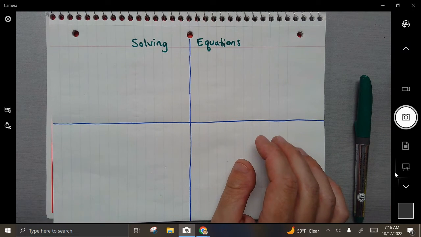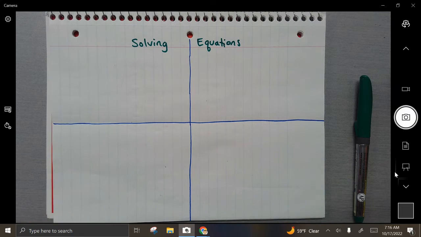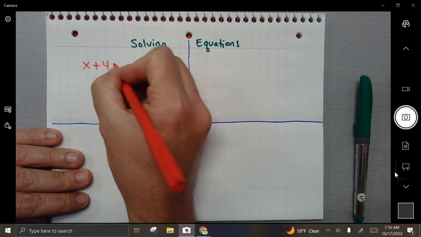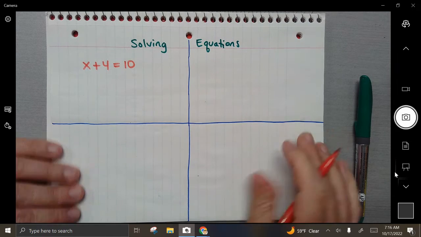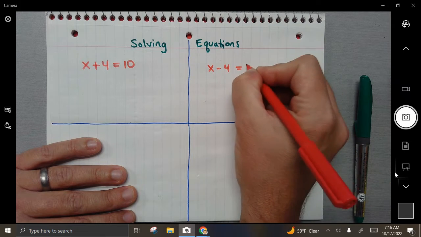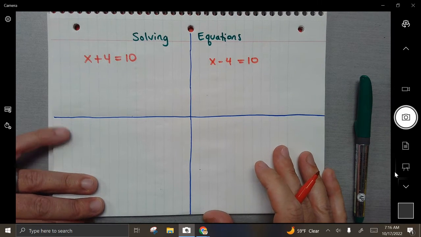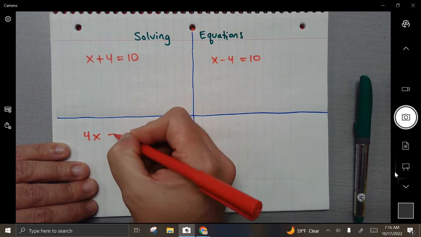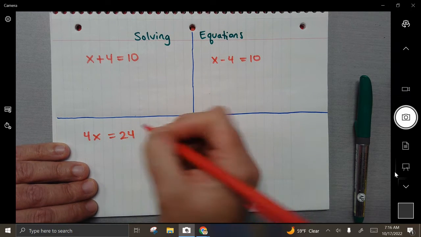Now let's get into the actual idea. I'm going to put a couple of equations up here. x plus 4 equals 10. x minus 4 equals 10. You're going to see some similar stuff here. 4x equals, we'll just put 24.